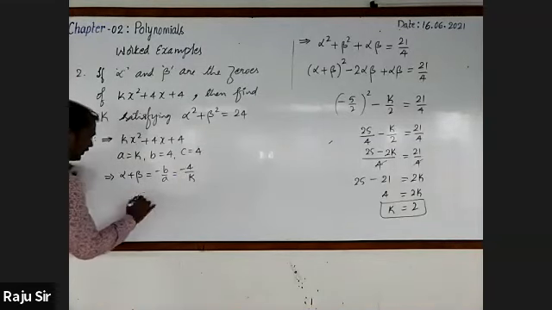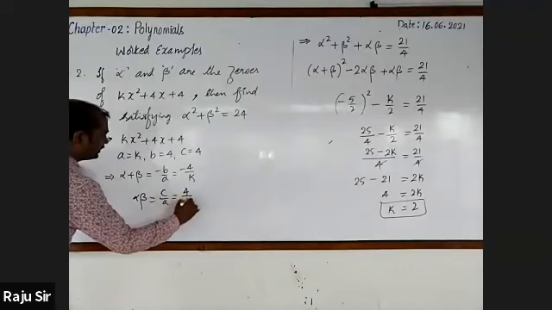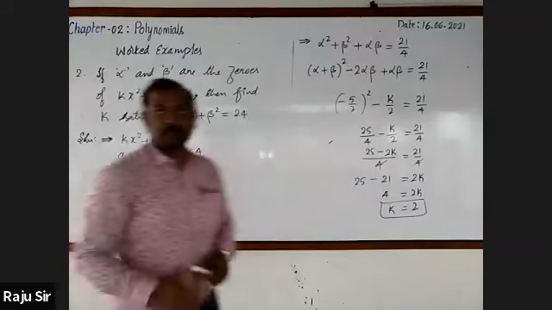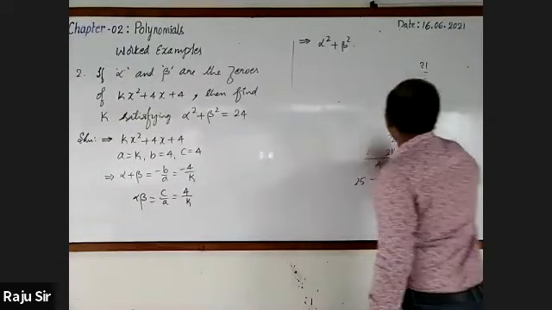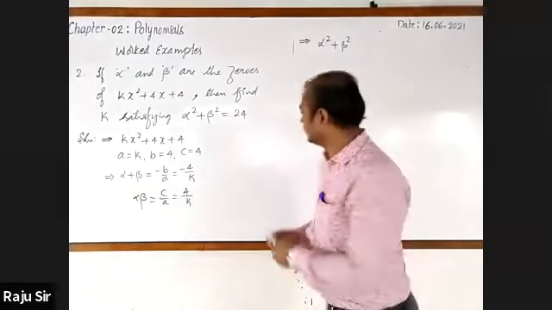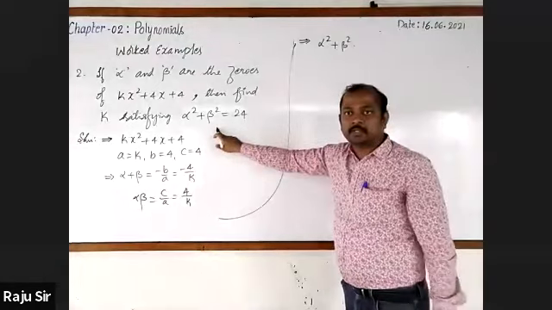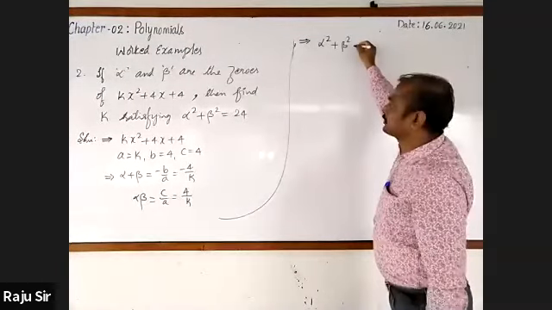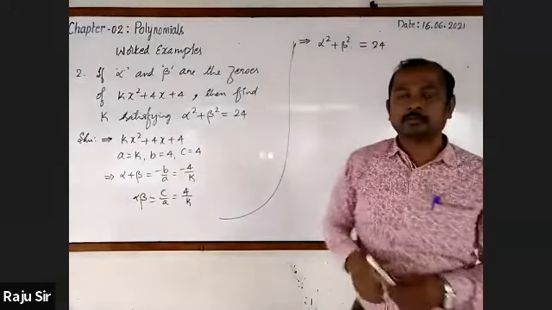Next, alpha into beta is c by a, which is 4 by k. Now, let me continue. Let us write the given statement: alpha square plus beta square is equal to 24.